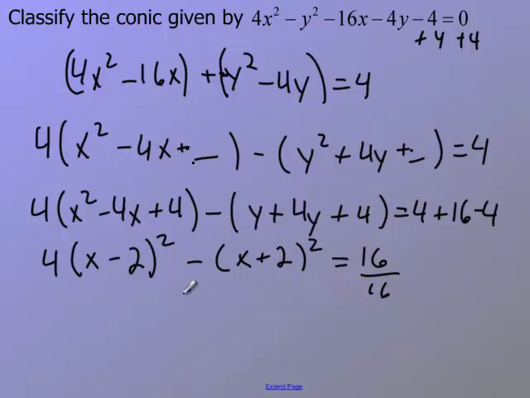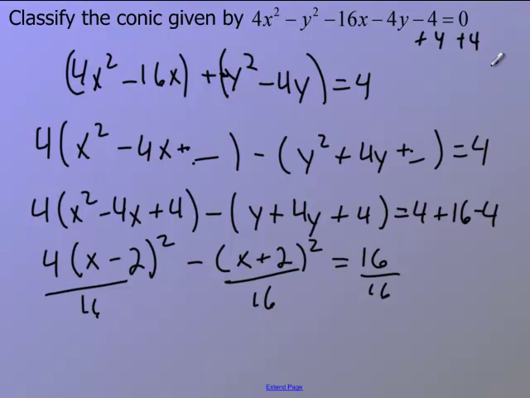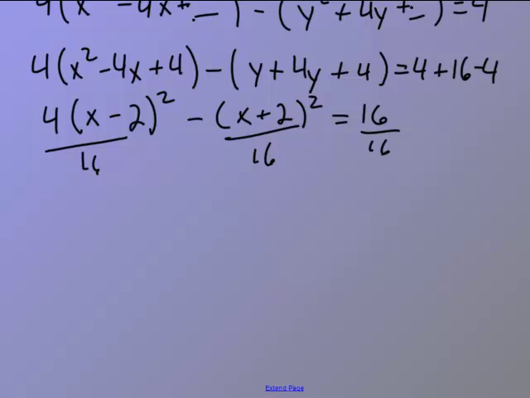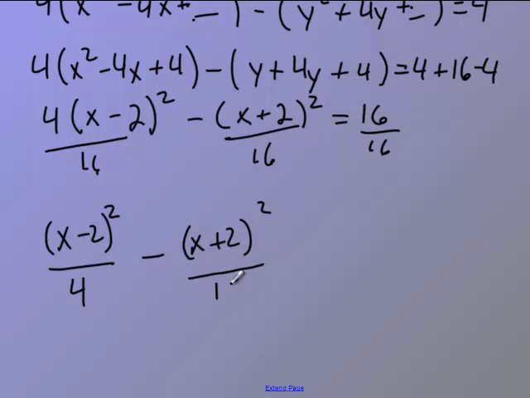So I'm going to divide everything by 16, and then when I simplify this, I'll be left with x minus 2 squared over 4 minus y plus 2 squared over 16 equals 1.